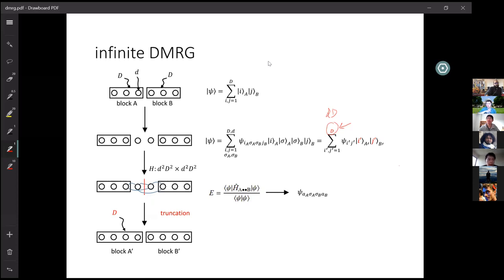Yeah, I think that is right. So it really tells us that this capital D cannot be set to be very small. At the very beginning of this iDMRG iteration, you do not really throw away anything, because this block Hilbert space is very small.